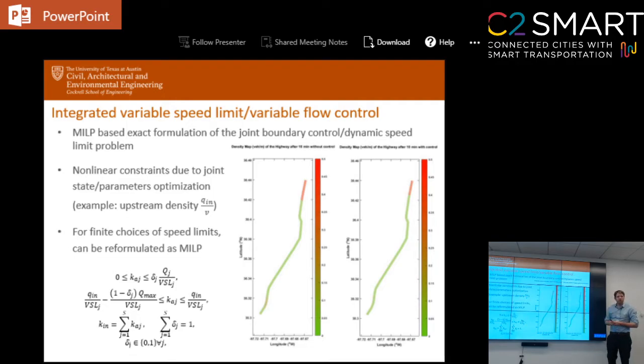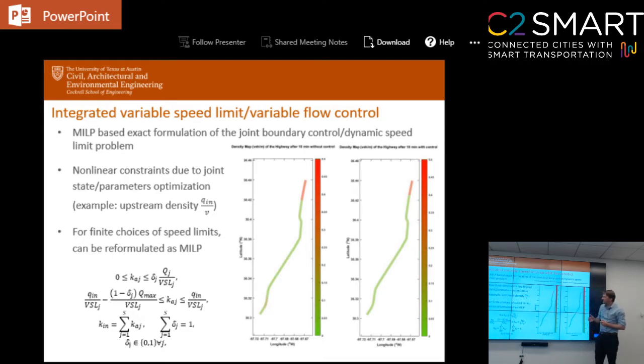In the speed limit control problem, the difficulty comes from the fact that you have to have controllable model parameters, and it's a little bit complicated. If you set these as control variables along with the inflows, you now have ratios that appear between some control variables and other control variables as well, because the speed limit should be controlled too.